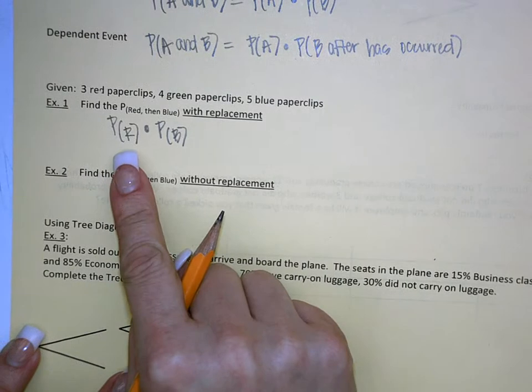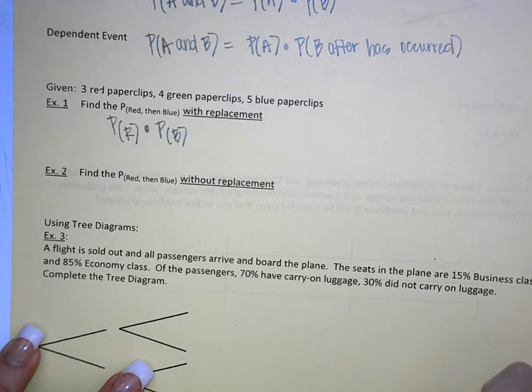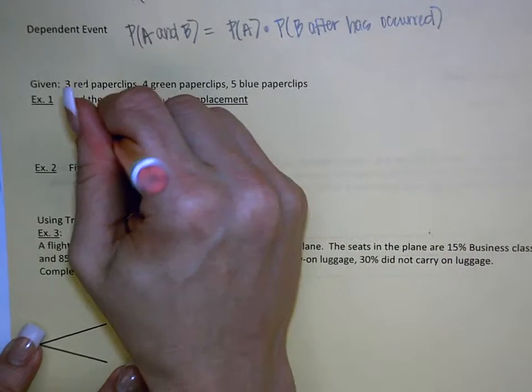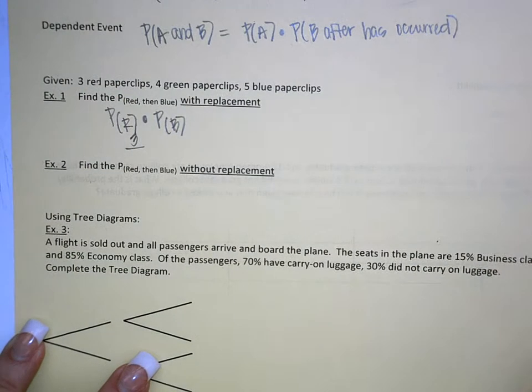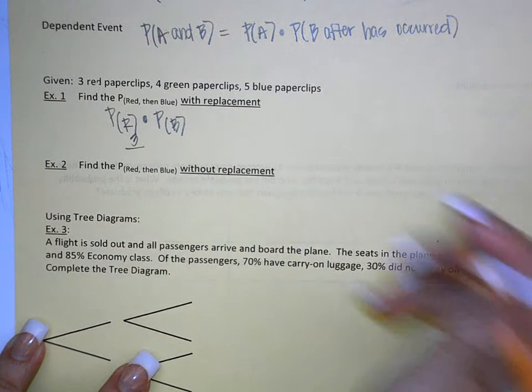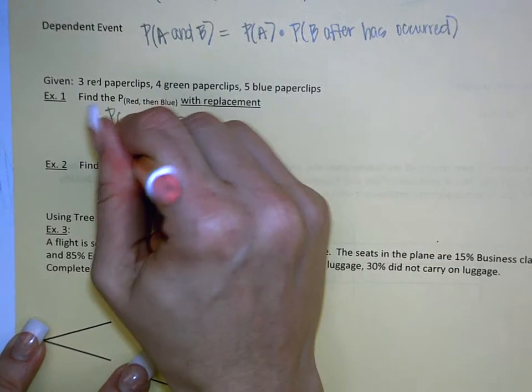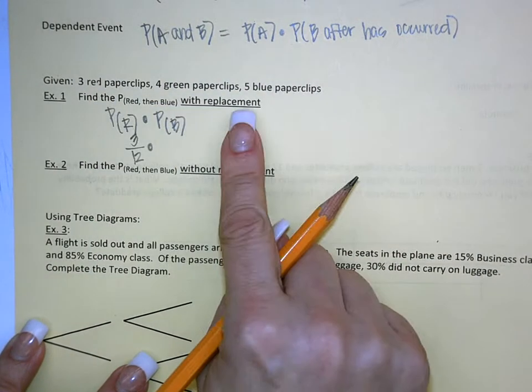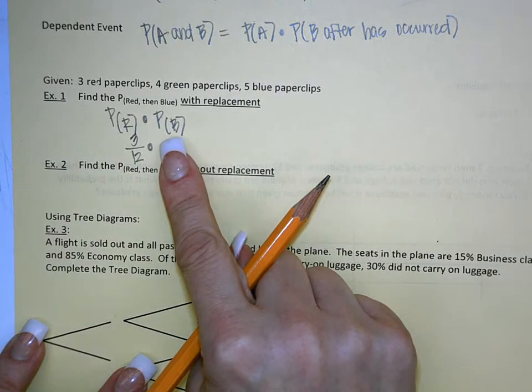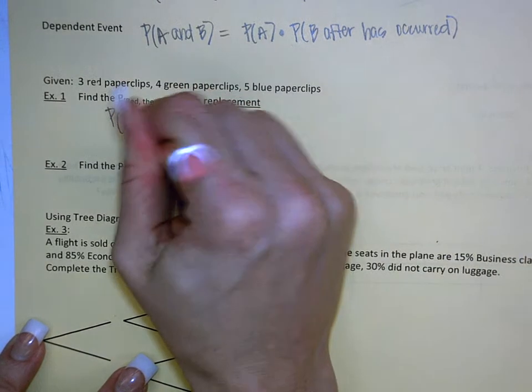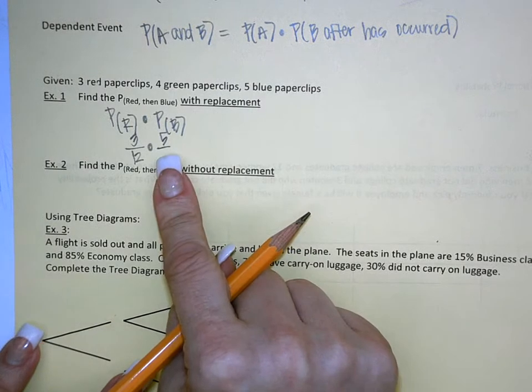So what's the probability of first picking a red paper clip? How many total reds are there? 3 out of how many total? Add them together. You can use a calculator if you have to. 3 out of 12. Now, if I replace it, how many blues are there? There's still 5 blues. But if I replace it, how many total are there?